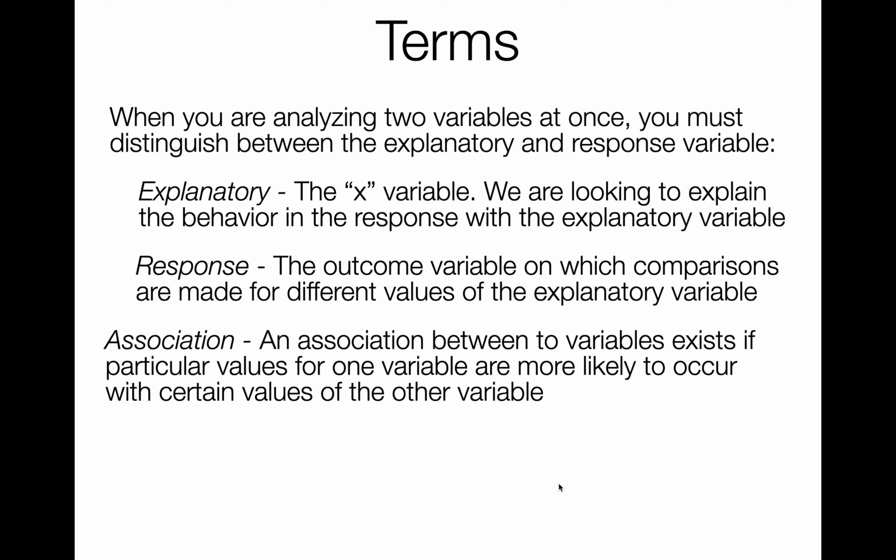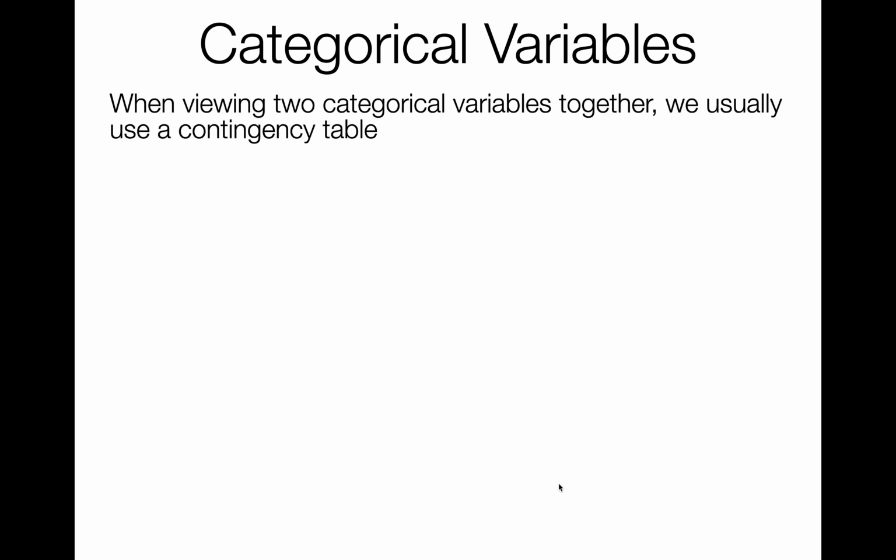Okay, so that's association. Now, to get to what I was talking about before, if I have two categorical variables, I can view them together in what's called a contingency table. In lesson 1, we talked about frequency tables, which look at one categorical variable by itself. When I view two of them together, it's called a contingency table.